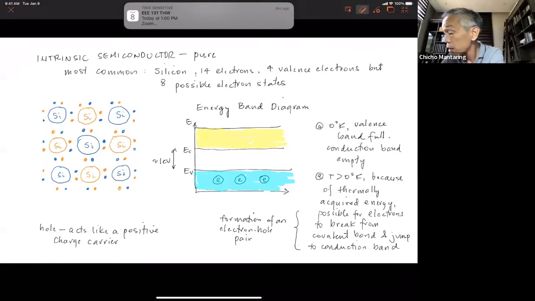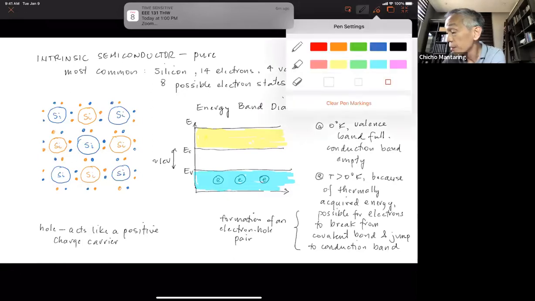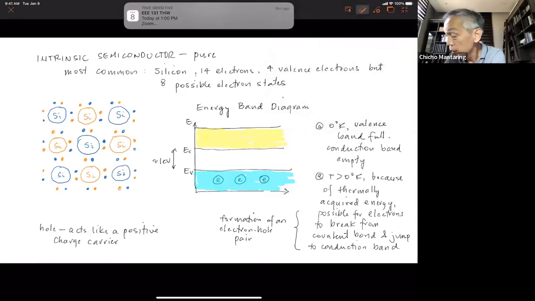Let's say this electron gains enough thermally acquired energy. What's going to happen? It's going to break away from the covalent bond and jump to the conduction band. That's what's going to happen.